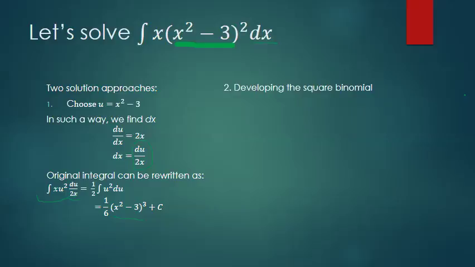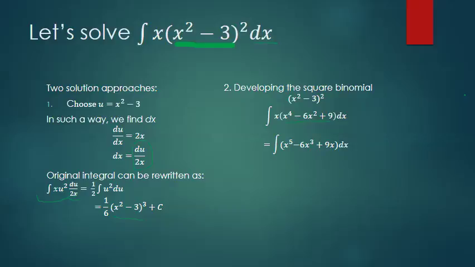Okay, for the second approach, we can develop the given binomial (x^2 - 3)^2, which is equal to x^4 - 6x^2 + 9, times x.